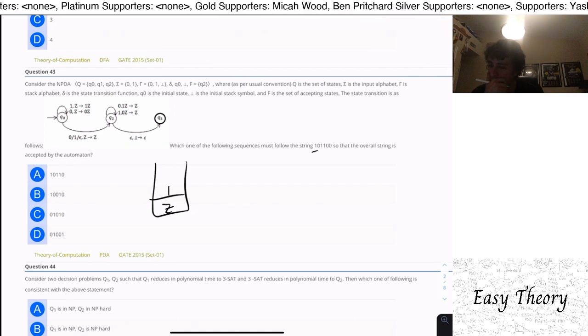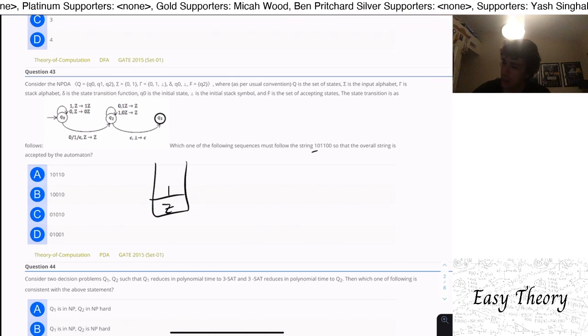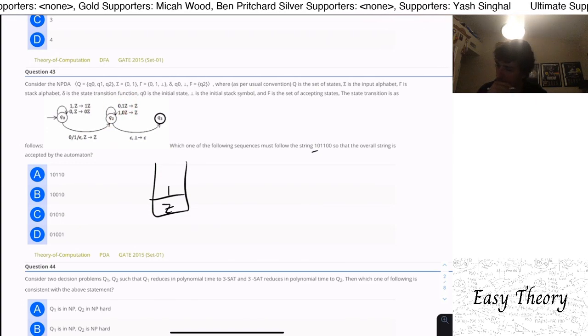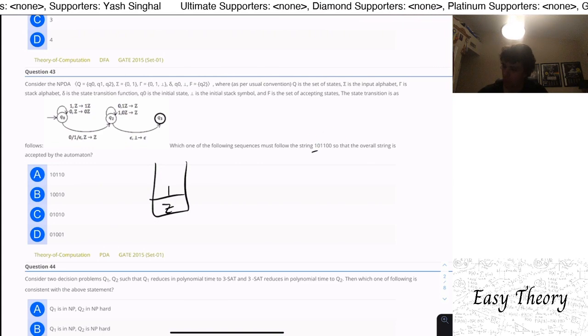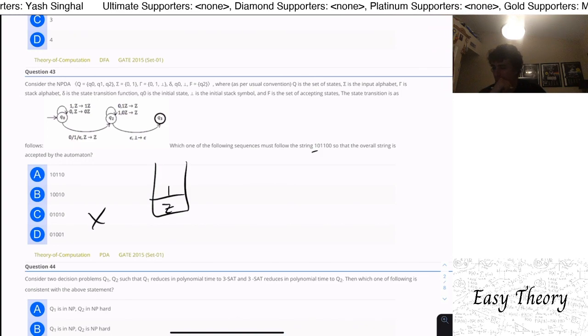Oh, no, that's not right. It's doing palindromes, and because of these two transitions at the end. Well, this one is not a palindrome, so any one of these strings that's a palindrome won't work, so C won't work.